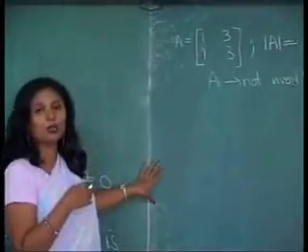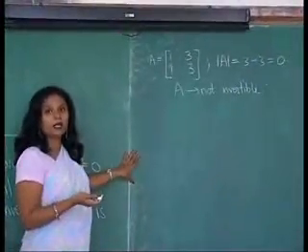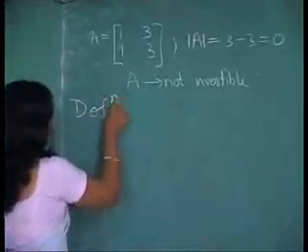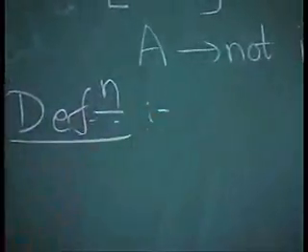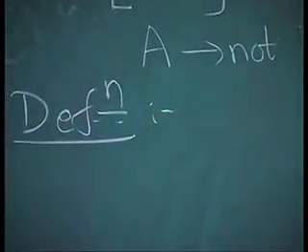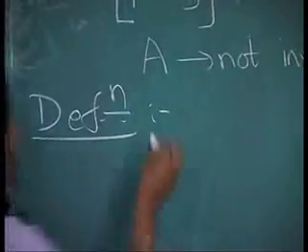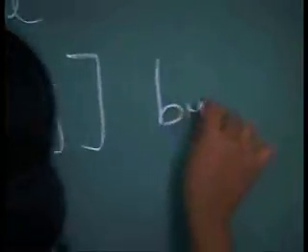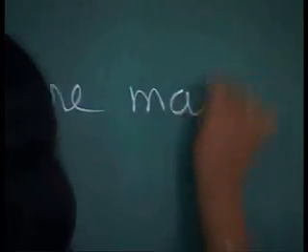What we are now going to do is give an alternate method of finding the determinant of a matrix. For that, I need to introduce the concept of minors and cofactors. So let's again start with a square matrix. Let A equal to Aij be a square matrix of order n.